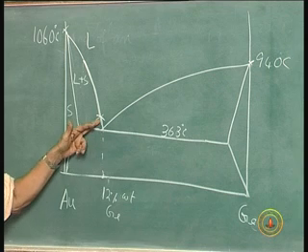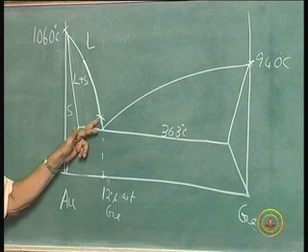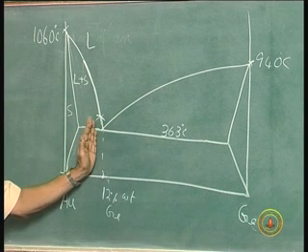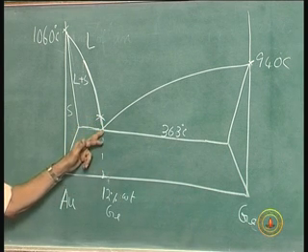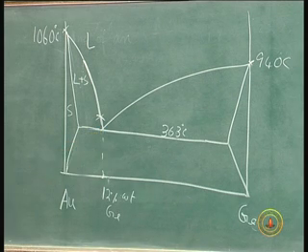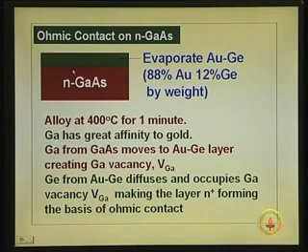Okay. I am telling this point because here there is less germanium. Germanium concentration comes down here. What happens is the gallium from the substrate moves up to the molten layer. This is the molten layer on the top. It moves onto this top layer, and from the top layer germanium moves down.